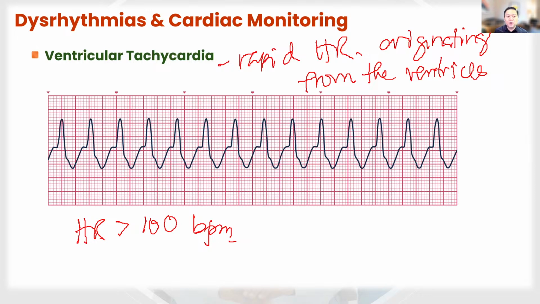Now, when you are looking into the patient's EKG, you're going to see that there are abnormal QRS complexes. The QRS complexes are actually greater than 0.12.